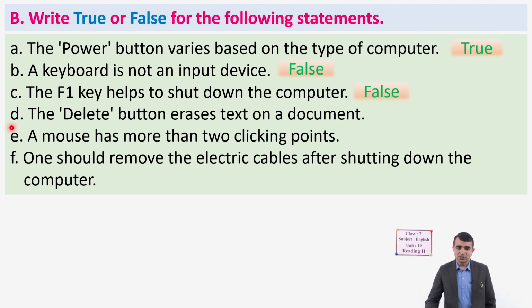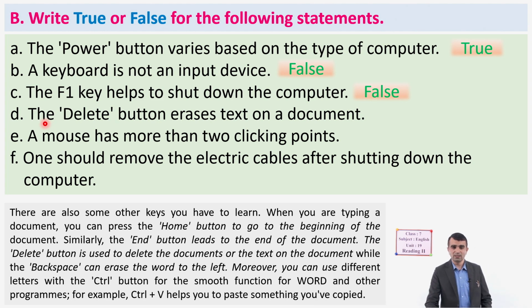Well, now D, statement D. The delete button erases text on a document. What is used to erase text on a document? Delete? Okay, let's see there. What is given? The delete button erases text. See here, end button to go to the end of the document.